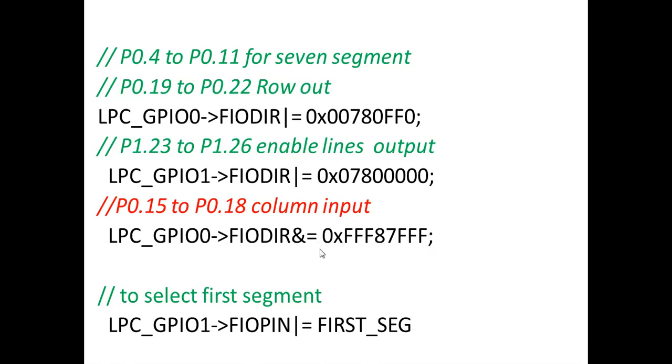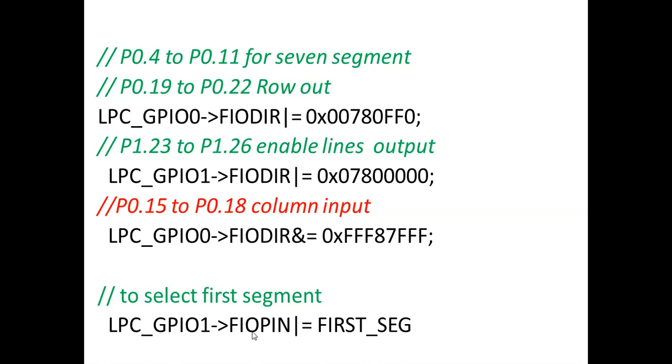This value should be logically ANDed with the earlier value of the direction register. Thereby you are ensuring only these particular pins are configured as input pins, and the directions of the remaining pins will be unaltered. Okay, so this is about configuring the pins as GPIO and setting the direction of the pins.